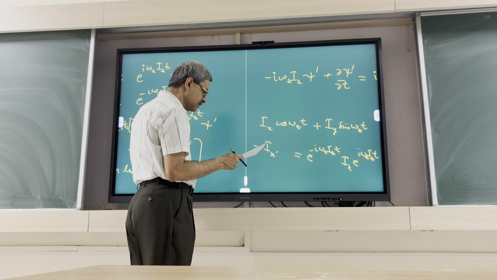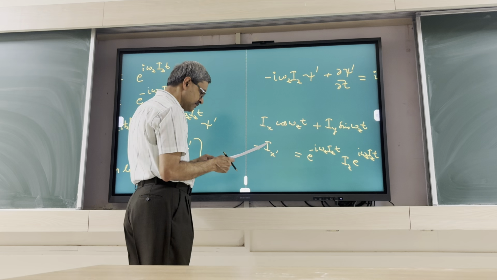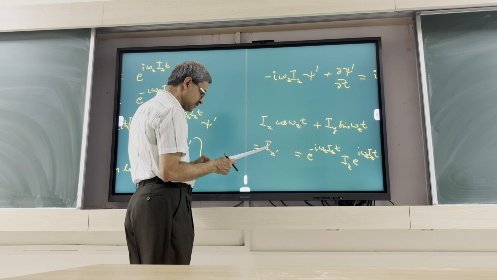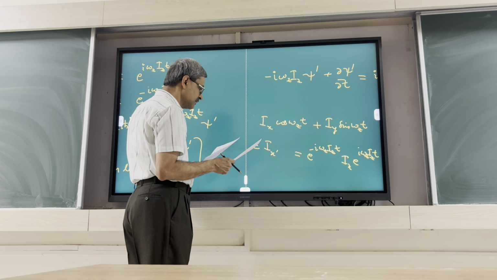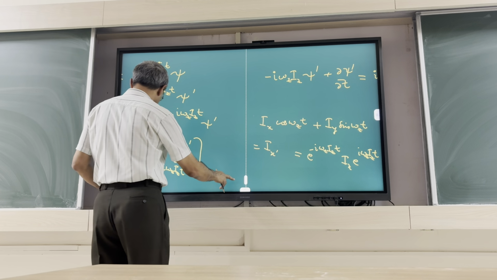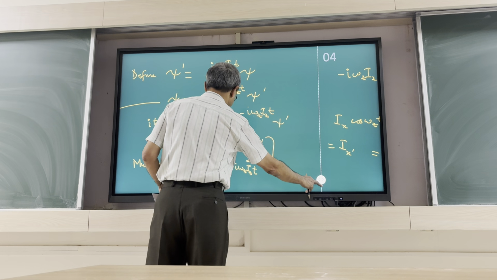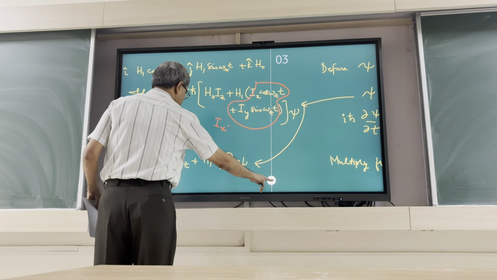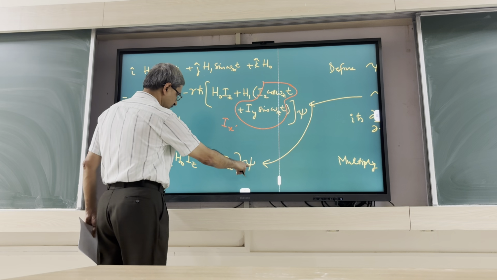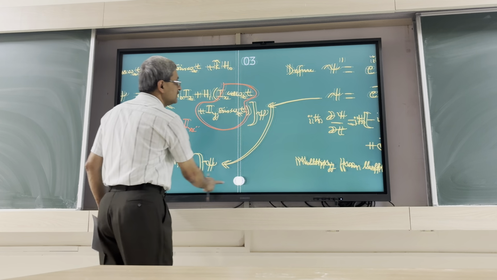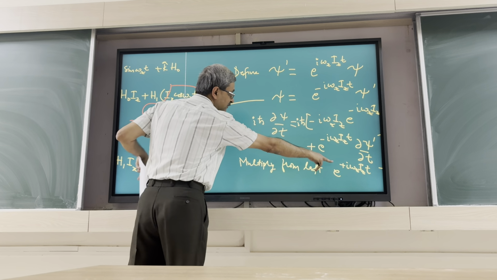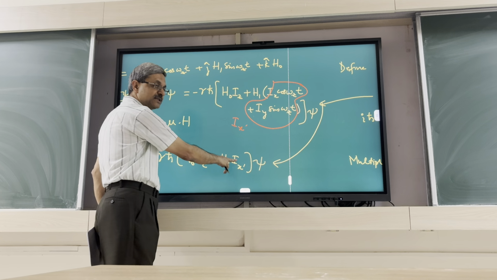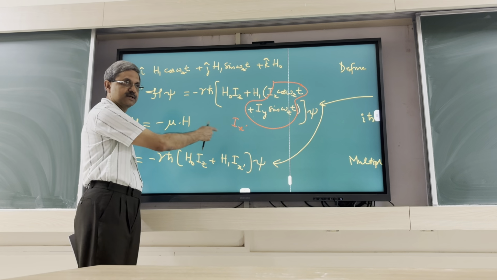One side, be a right side prime, right? So when I actually write this as psi prime, e to the this thing, psi prime e to the minus, and then multiply from the left by e to the plus, I will get I x prime sandwiched between e to the minus and e to the plus.